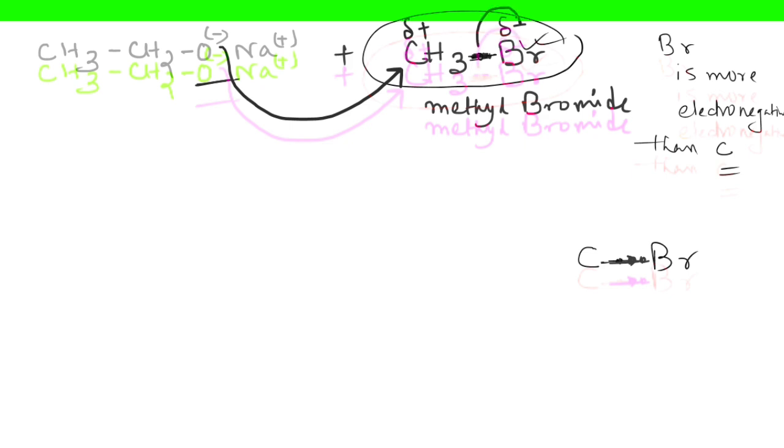The Br atom will be removed, the C-Br bond will be broken, and we will get CH3CH2O single bond. Okay, let me change the color of the pen, and we will get CH3OCH3.